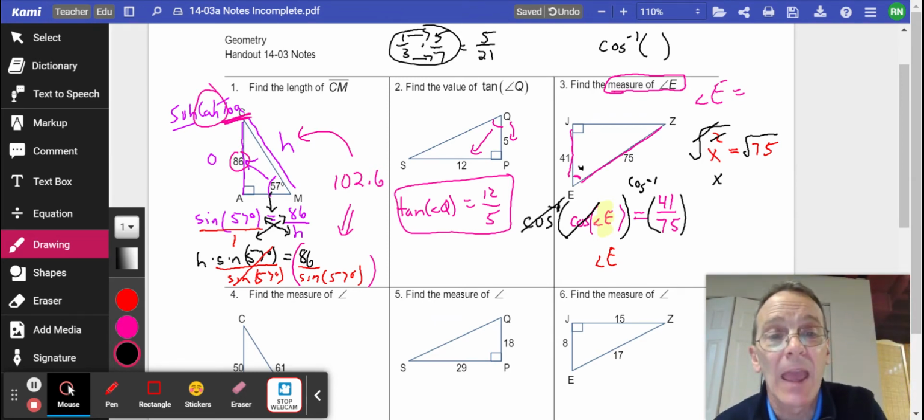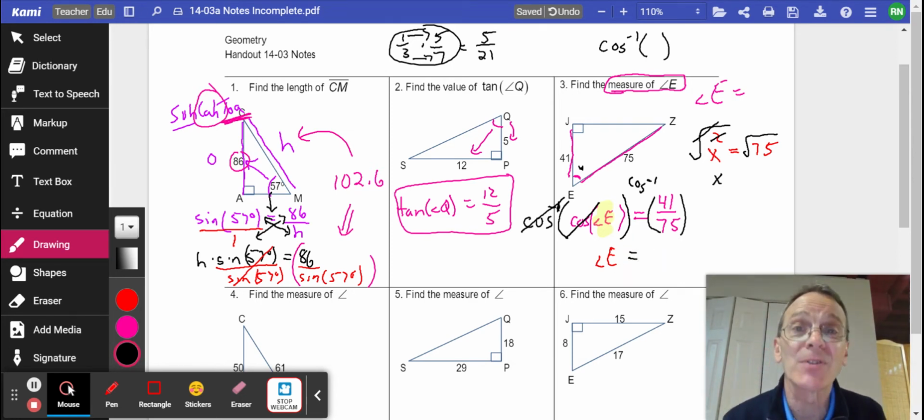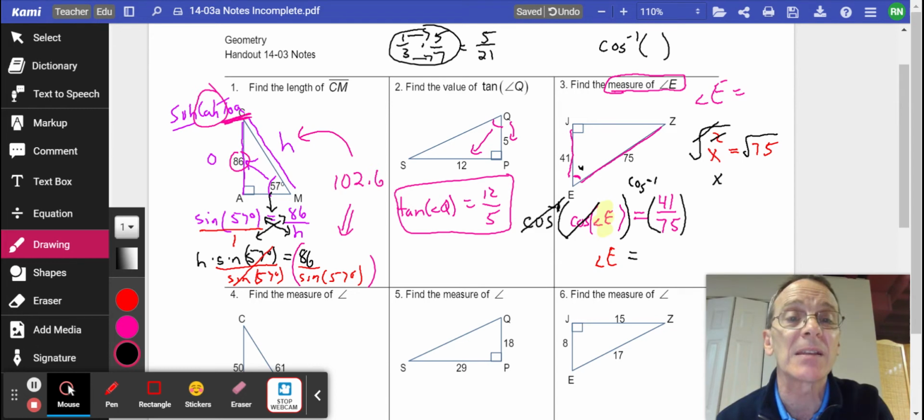And maybe you have noticed that you have a cosine inverse button on your calculator, immediately above the cosine button if you're carrying a graphing calculator. So you need to hit the second key and then the cosine button.